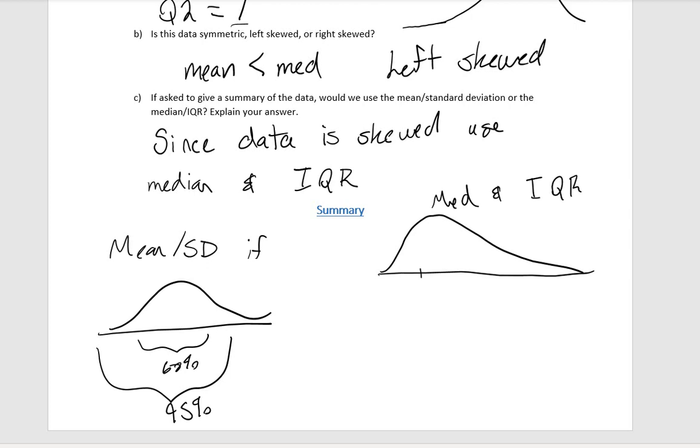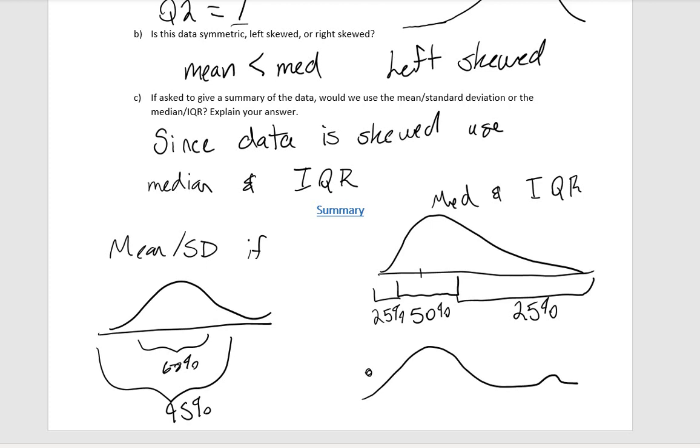And remember, what the median and IQR do is break it down into percentiles. So that's the middle 50%, this would be 25%, and then this would be 25%. Okay. Also, use the median and IQR if you might have an outlier.